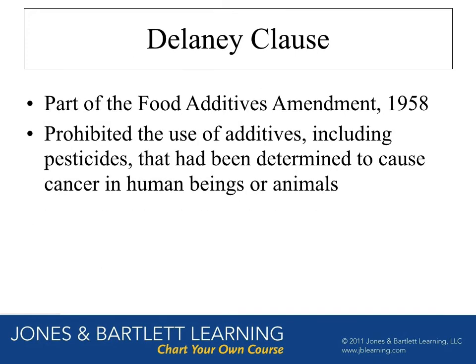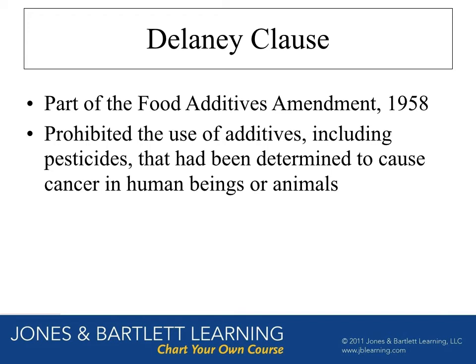One of the major things that happened fairly early on was the Delaney Clause, which was part of the Food Additives Amendment of 1958. This was a blanket clause that prohibited the use of additives, including pesticides, that have been determined to cause cancer in human beings or animals. This was a fantastic development.